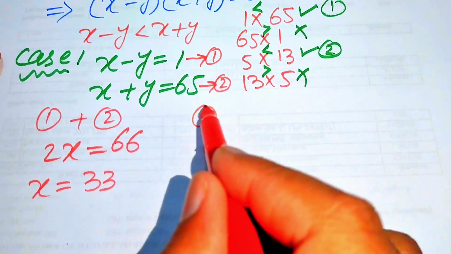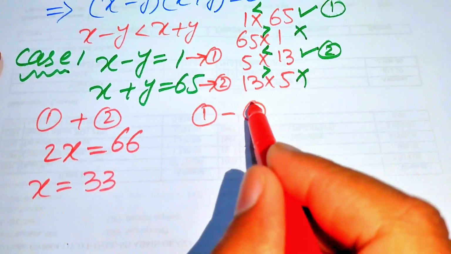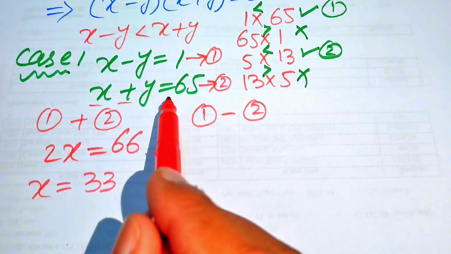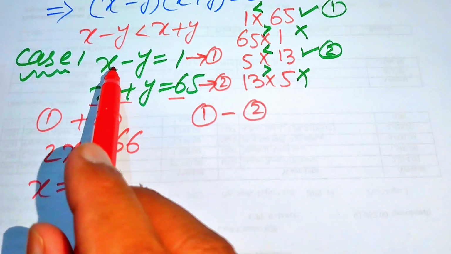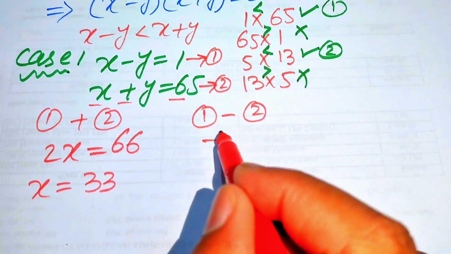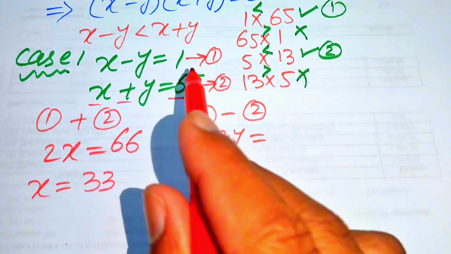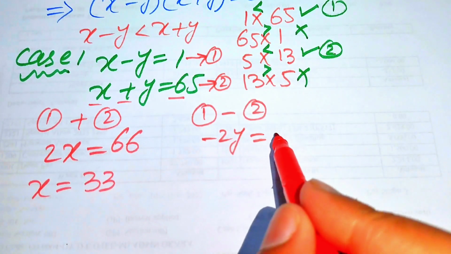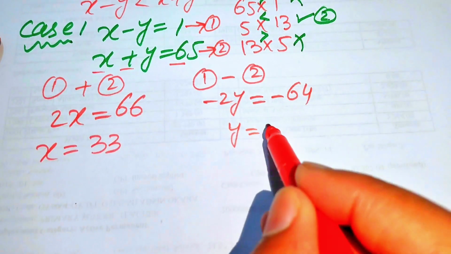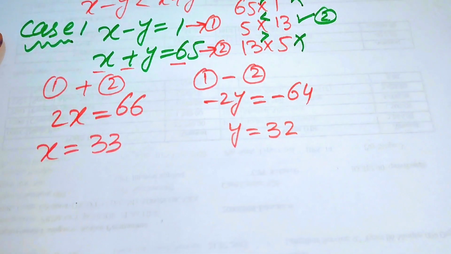In parallel, we subtract equation number 1 from equation number 2, so you change these signs. The x terms cancel each other and we get minus y minus y is minus 2y, and 1 minus 65 is minus 64, and you easily get the value of y is 32.